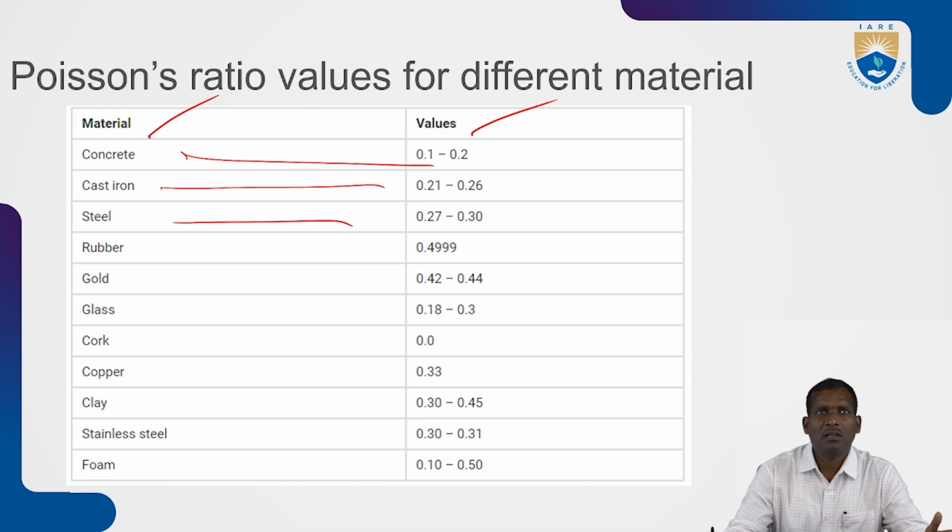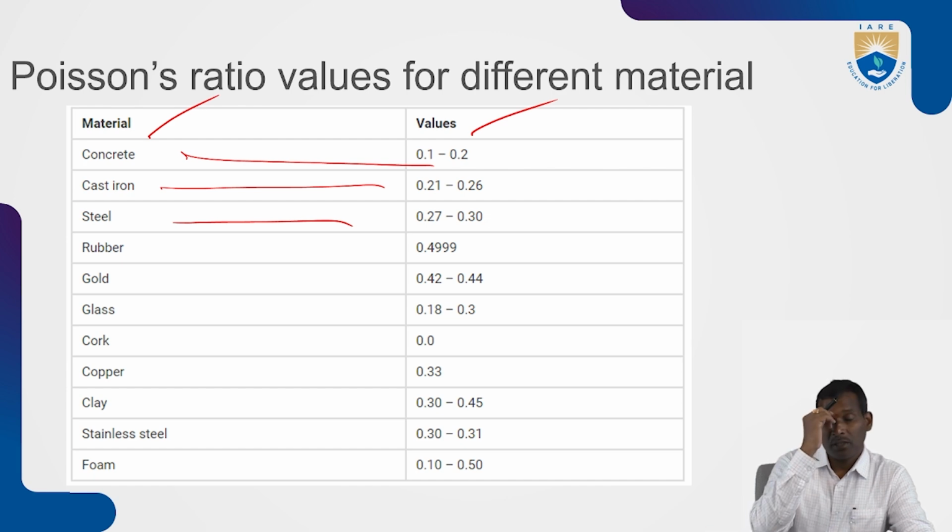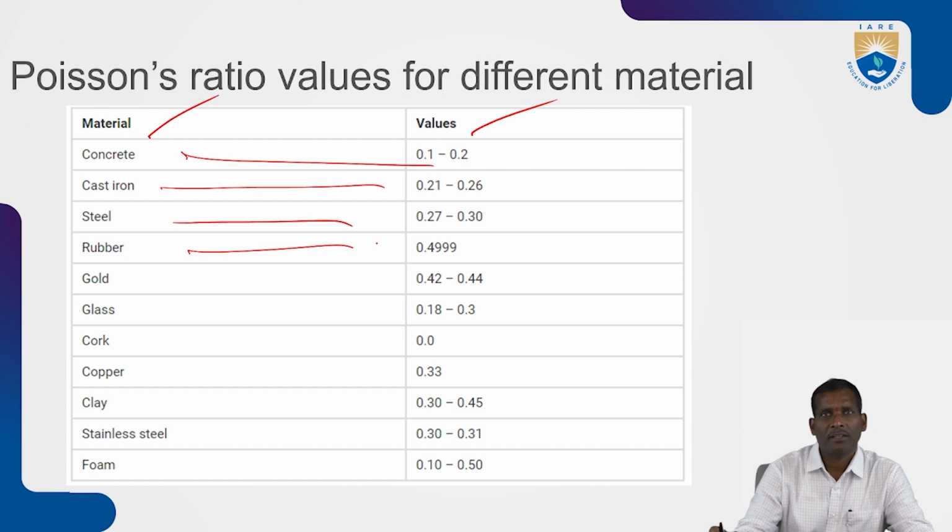Because in our strength of materials problems, while solving the problems, you should assume some values. Poisson's ratio depends upon the material. Sometimes they may give it or not. So that's why remember the approximate value.